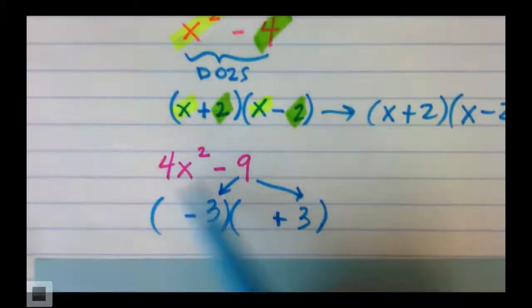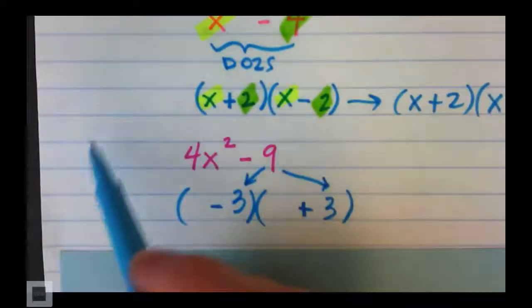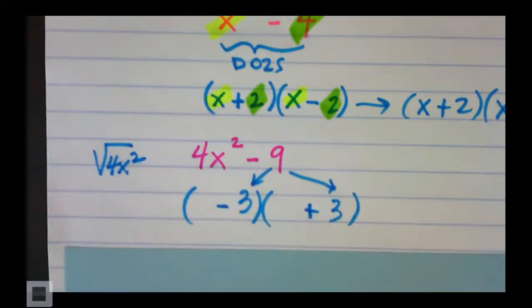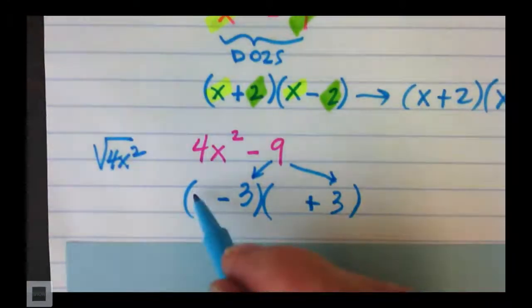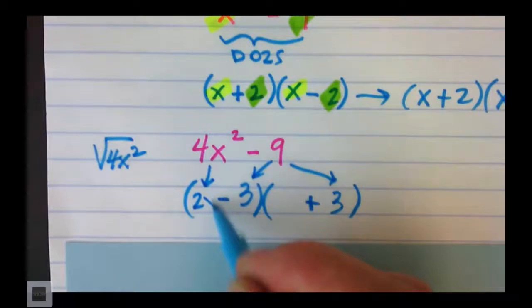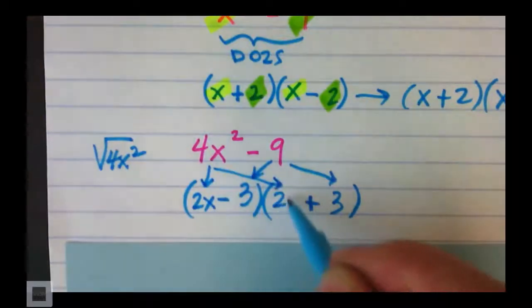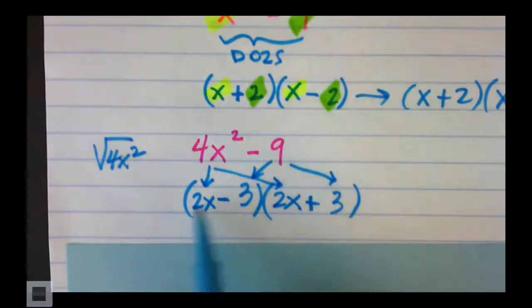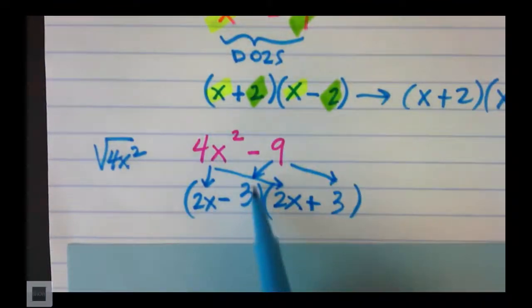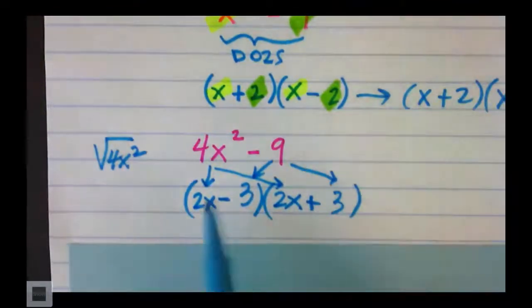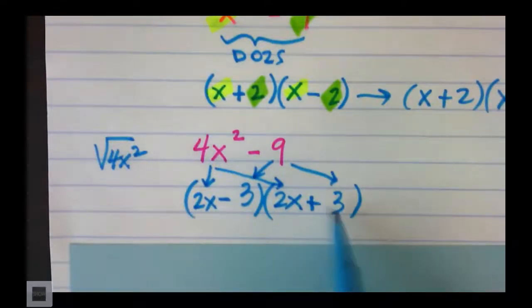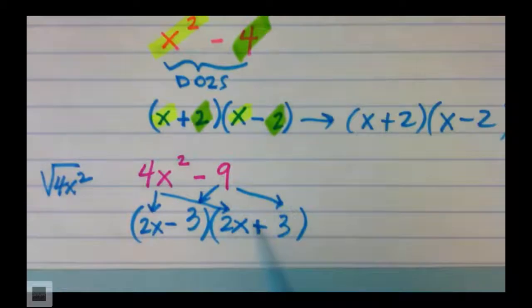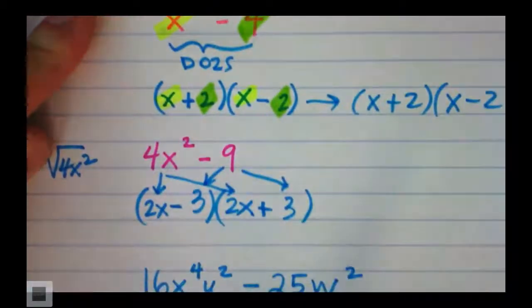And then I look at this, 4x squared, and I think to myself, well, what in the world is the square root of 4x squared? Well, that's nothing more than 2x here and 2x there. And notice, my parentheses are the exact same, except this 3 is really big compared to that one, but that's okay. So I got the exact same parentheses like I did for this one up top here, but notice my signs are alternating.